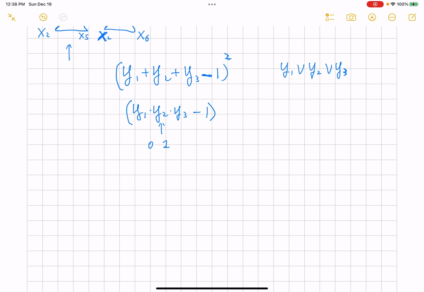Let me think. Yeah, if we want to minimize the term, we should use 1 minus, right? 1 minus this.